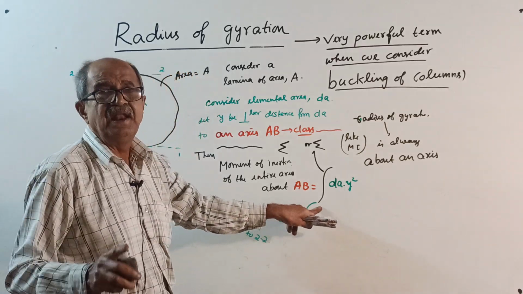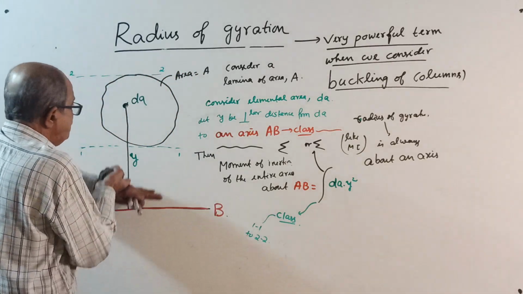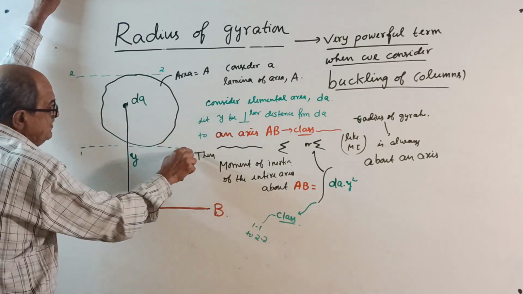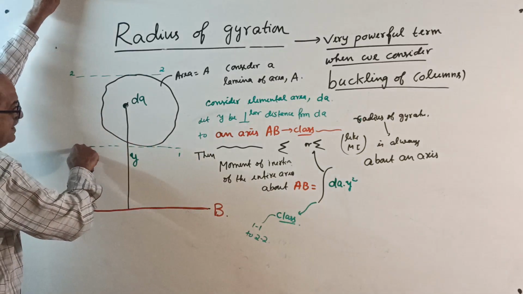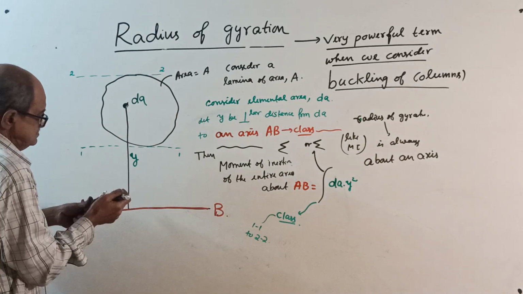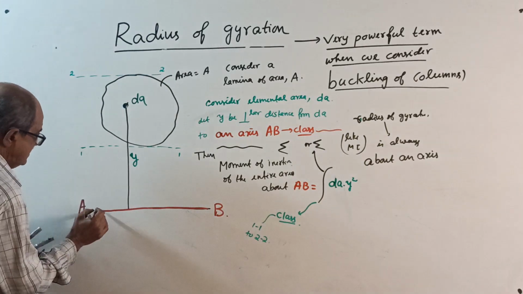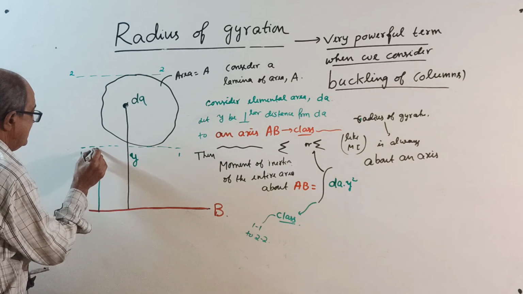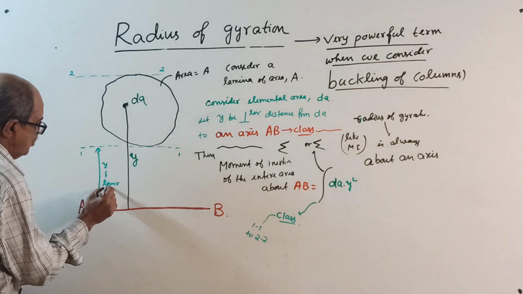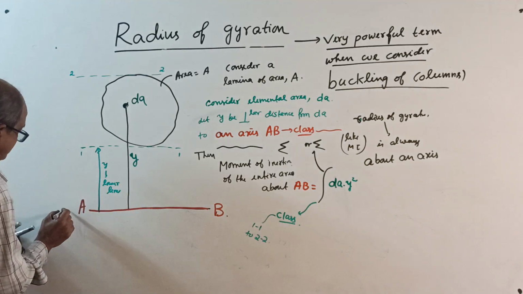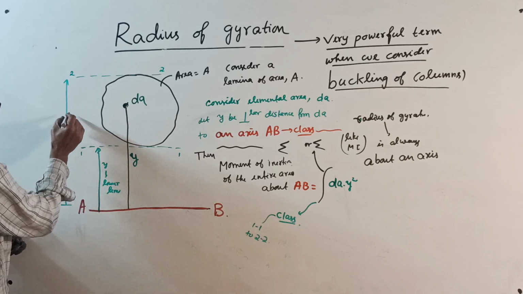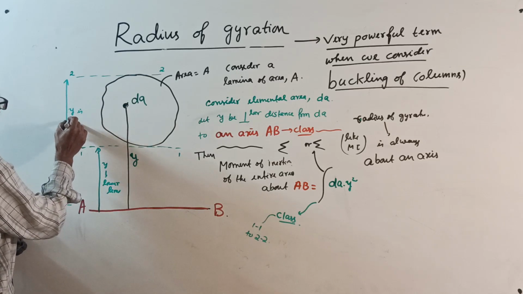Now, the integration limit. y is measured this way. Imagine, as you start from AB, this area starts at level 1, 1 here, and ends at level 2, 2. Therefore this y is the lower limit and this y is the upper limit.